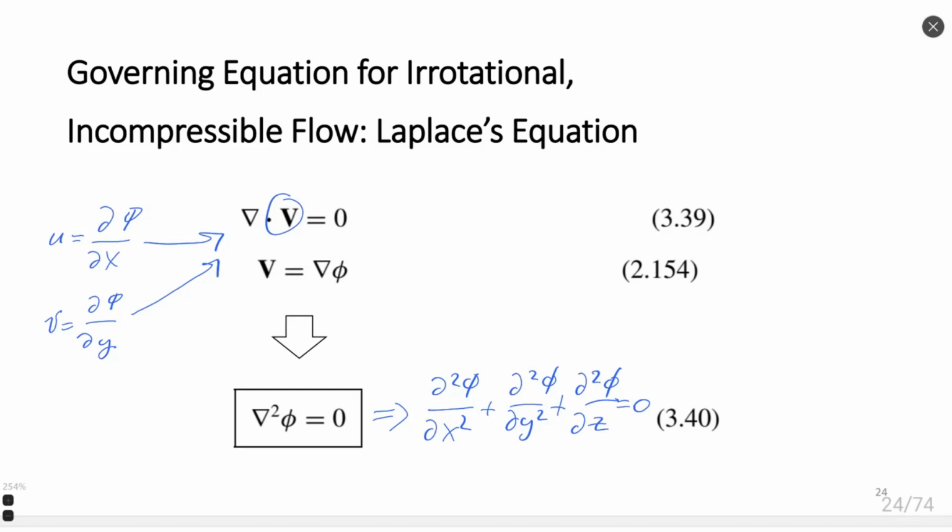This is an equation in partial derivatives, allowing us to describe our flow in terms of the potential function. So equation 40 is equivalent to equation 39. We just substitute velocity by the potential function. And now it becomes a second order equation.